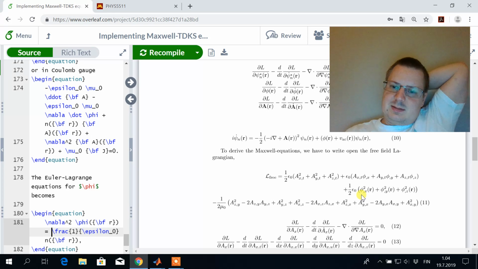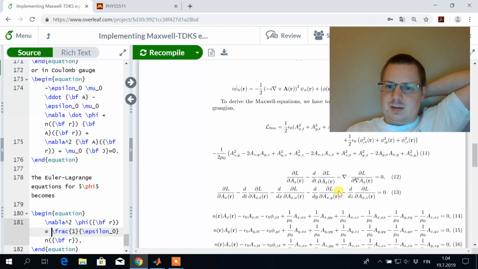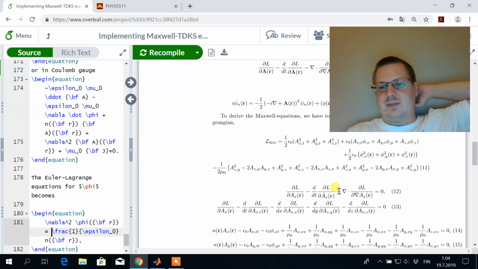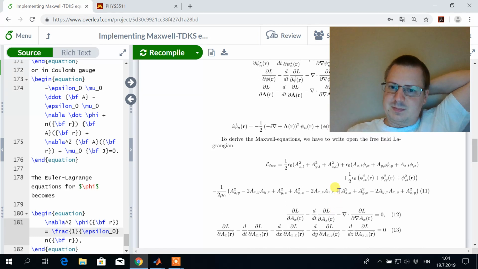And then it will be minus. So both of them will have minuses. So I wonder, is this just my sign convention of some sort?